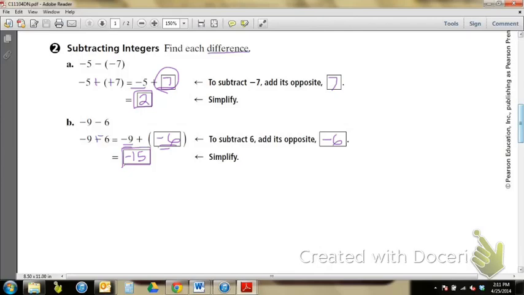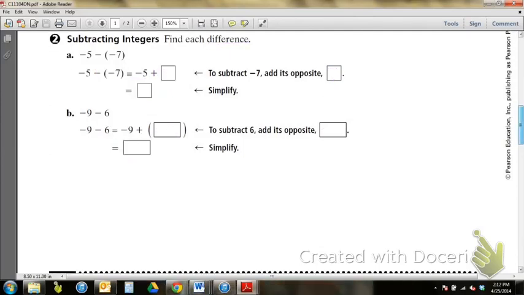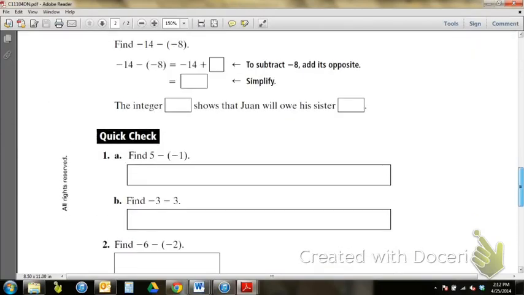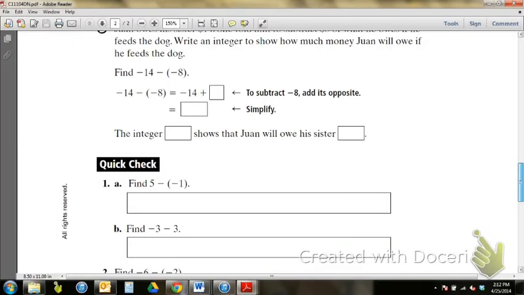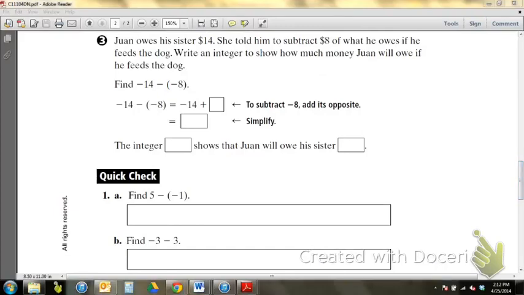One more example. We have a word problem. Juan owes his sister $14. She told him to subtract $8 of what he owes if he feeds the dog.